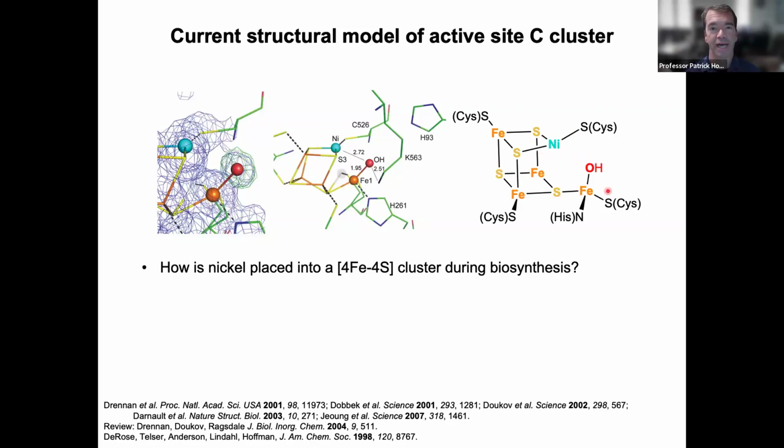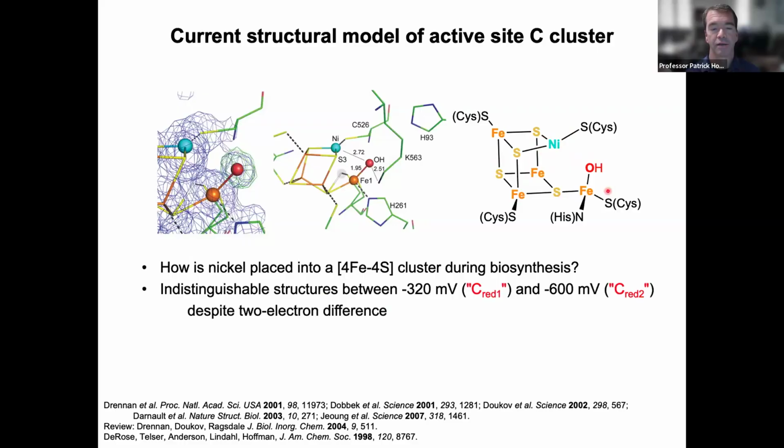And we'll come to that a little bit later in the talk. Another thing that's really unusual is that in the definitive paper on the crystallography from 2007, the picture that you see here is nearly indistinguishable between C-Red 1 and C-Red 2.